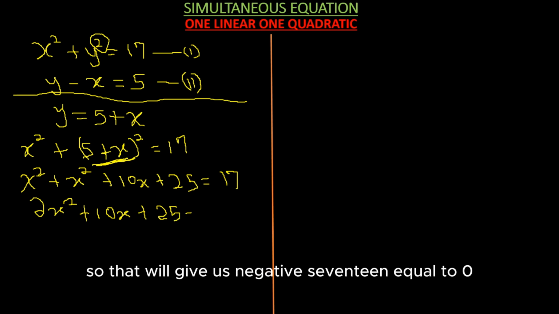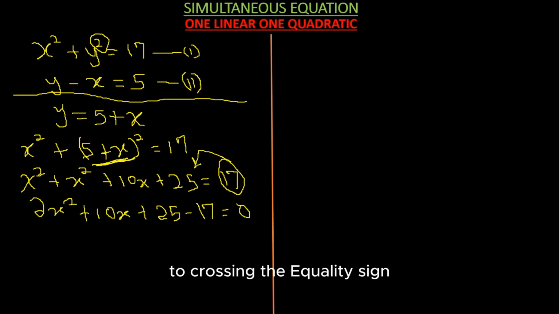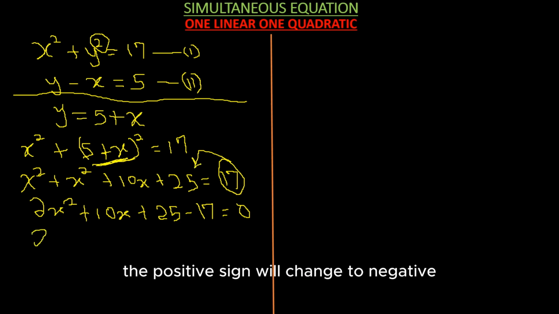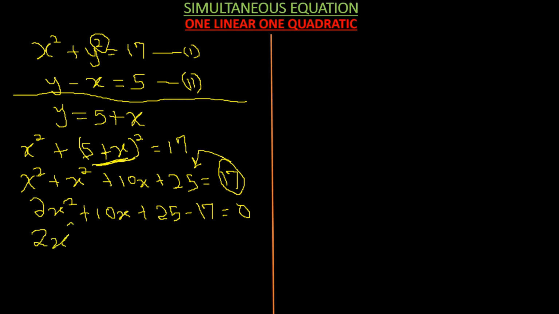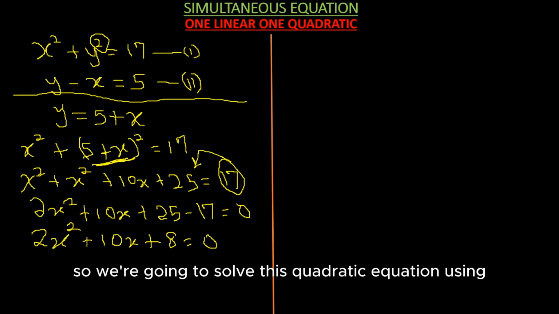Crossing the equality sign, the positive sign changes to negative, giving us negative 17 equal to 0. This gives us 2x squared plus 10x plus 8 equal to 0.